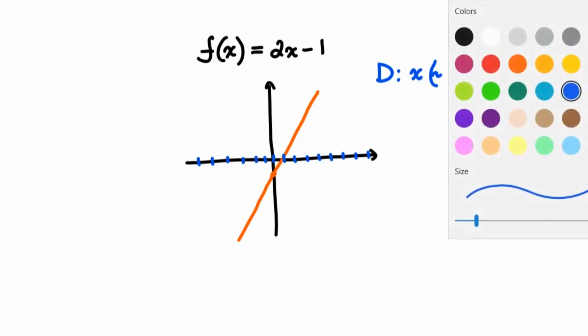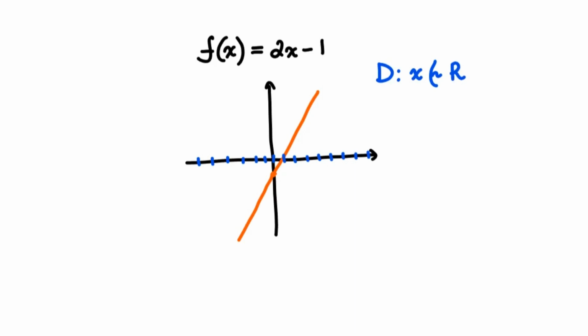Now let's look at the range. Do we have any restrictions on the range? Are there any breaks in the function? Is our line split somewhere, or maybe there is an asymptote anywhere? No, our line is continuous and it goes on and on from bottom to the top, right?